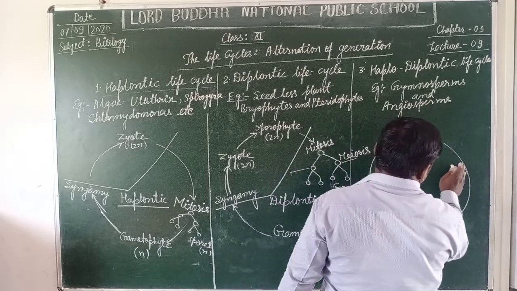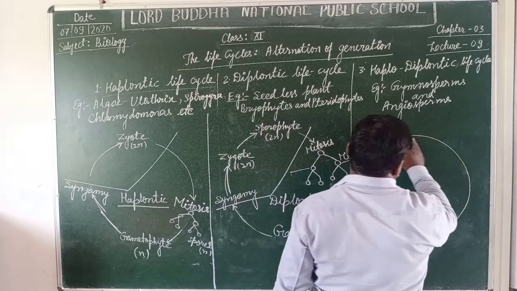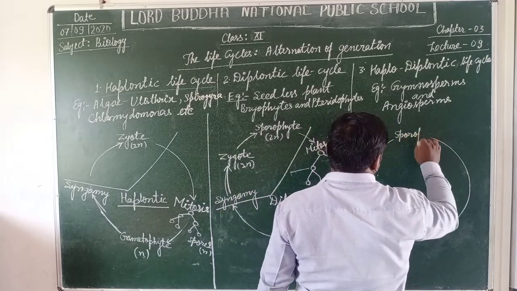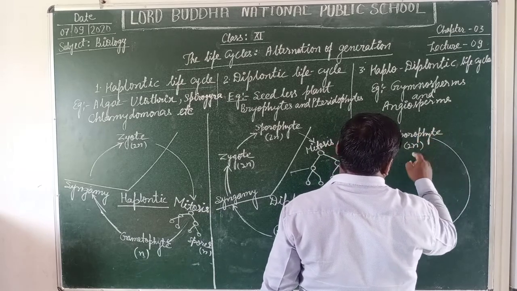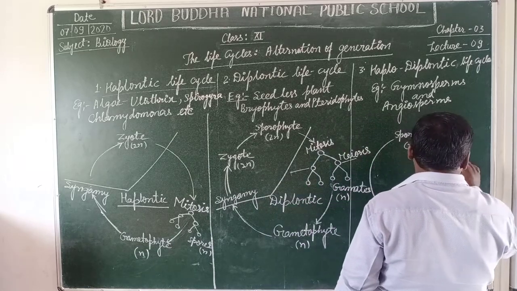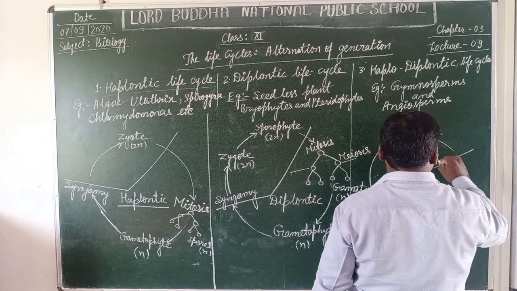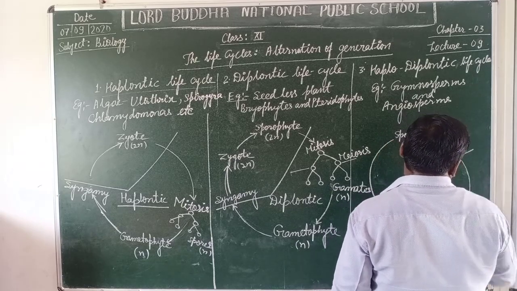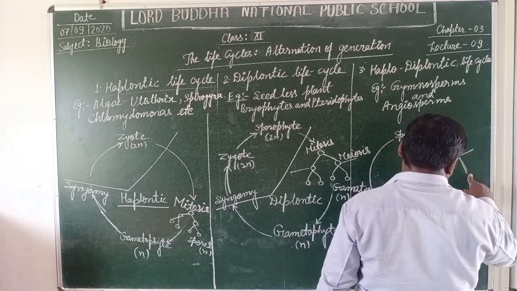That's why this is called the haplodiplontic life cycle. First, the sporophyte, the main plant body, on attaining maturity undergoes reduction division. It means meiosis.